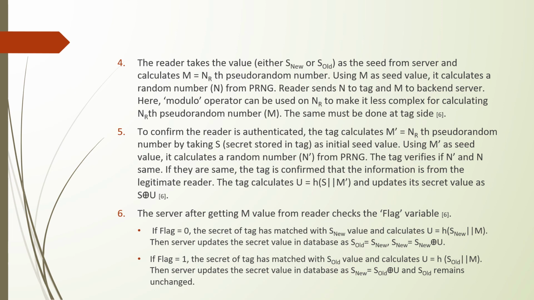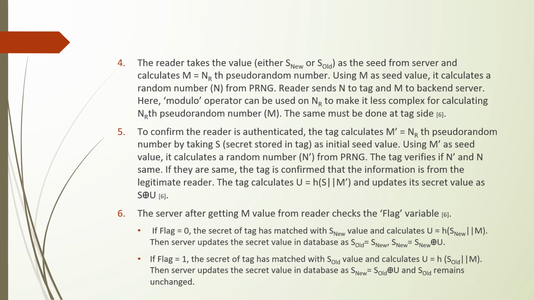And again the server calculates U, taking a hash of it, but instead of the old seed value, it uses the new seed value, and again it will update the secret values in the database. So the old seed value will contain the new seed value, and the new seed value will contain the new seed value, along with the XOR operation.